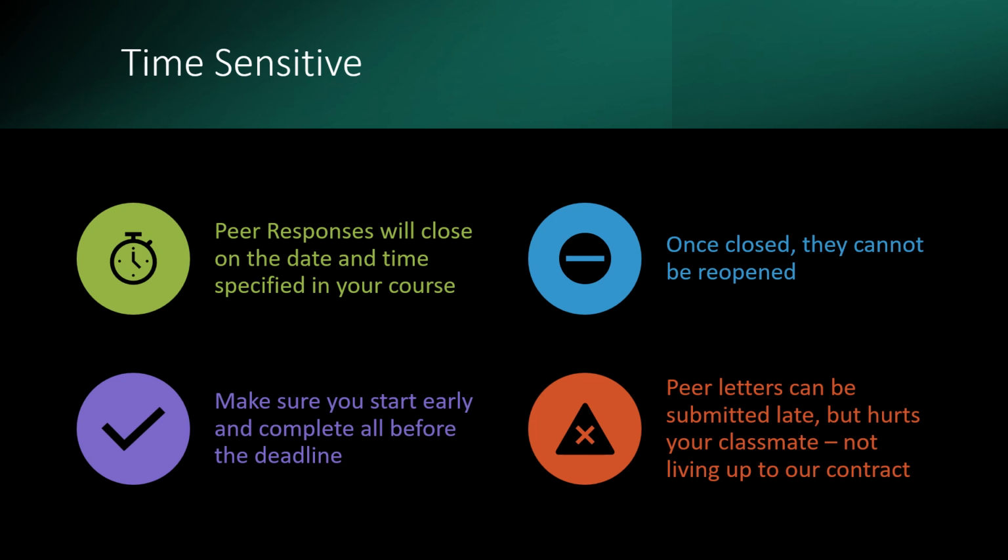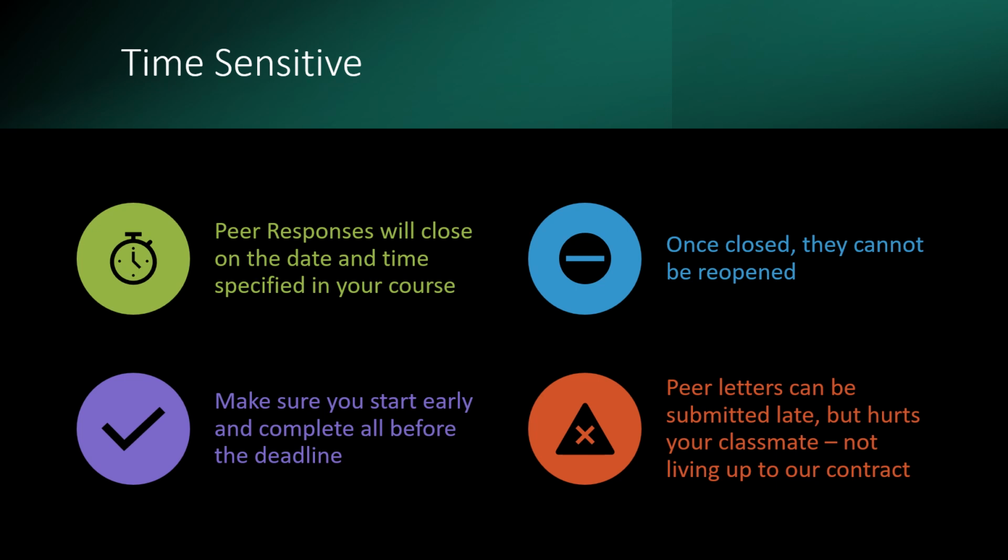So due dates. This is time sensitive because a week from today, which is the 7th, so on the 14th, you're going to start revision work, and revisions are due a week from then. So there's not a lot of time for people to sort of trickle in here. The peer responses have to close on the date and time that's specified in your course, which is 7 a.m. on the due date.